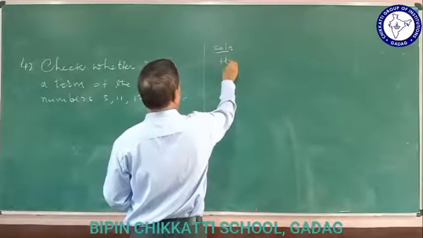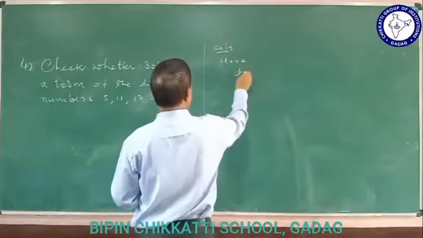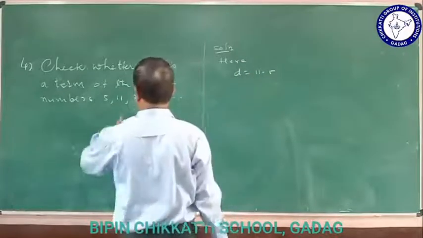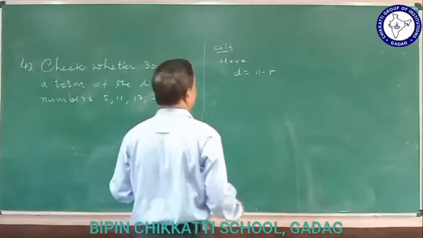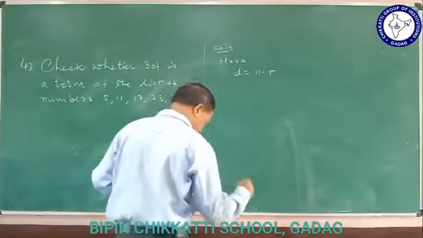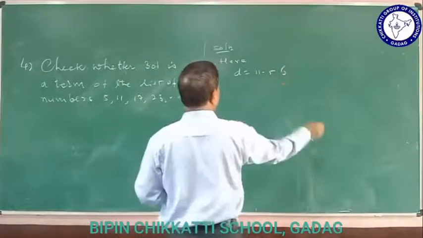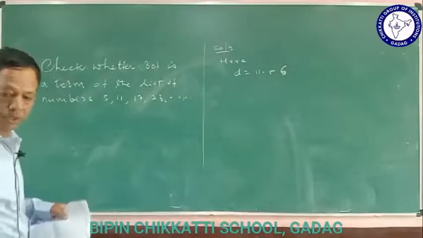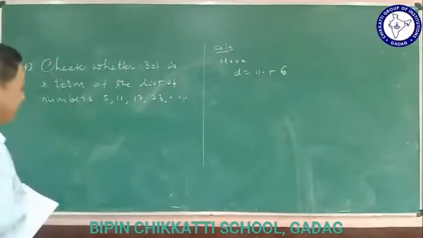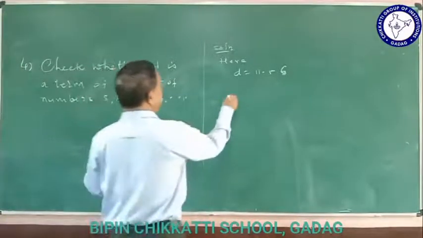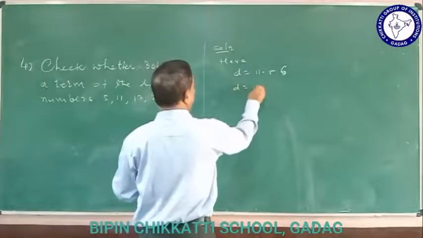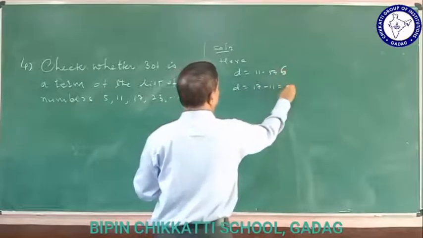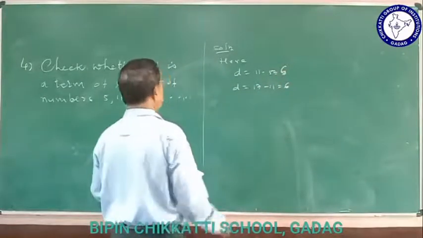Here, D is equal to 11 minus 5. 11 minus 5 is how much? It is 6. And one more, you have to check all possible results here. Like that, D is equal to 17 minus 11, and here 17 minus 11 is also 6.